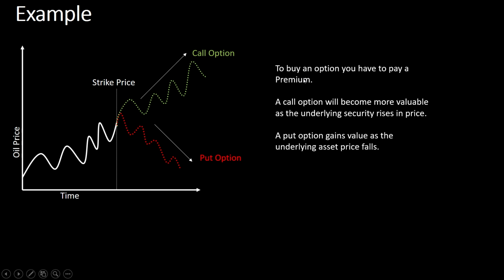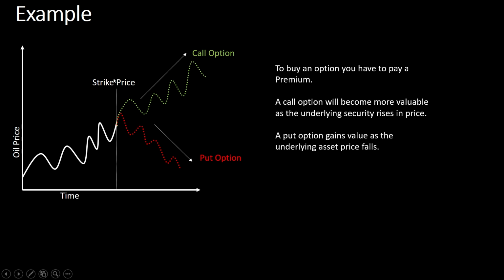A premium, I'll explain that in a few. A call option will become more valuable as the underlying security rises in price. A put option gains value as the underlying asset price falls. So yeah, call and put, that's the difference, and those are the two options.